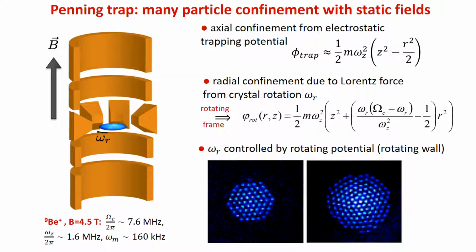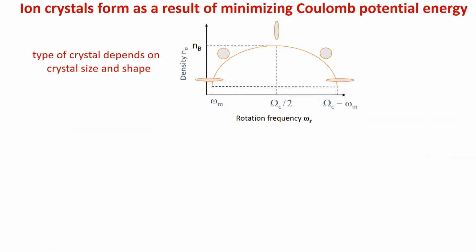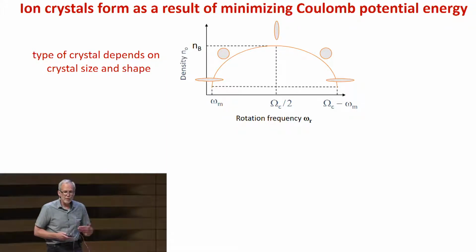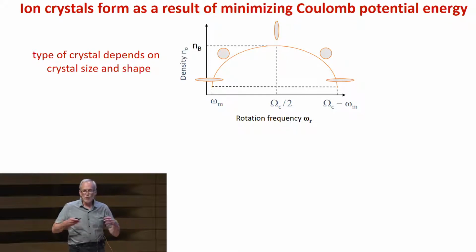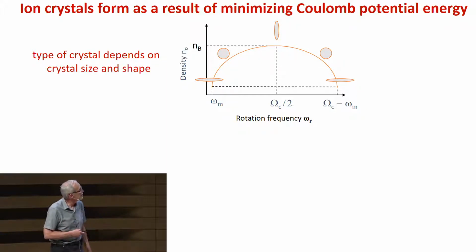So in my talk, I'm going to focus on work done with these single plane crystals, but I'd like to highlight that penning traps are really good for forming large 3D crystals as well. Ion crystals form as a result of Doppler laser cooling and the ions wanting to minimize their Coulomb potential energy. They're examples of strongly coupled one-component plasmas, which Tom Killian talked about yesterday.